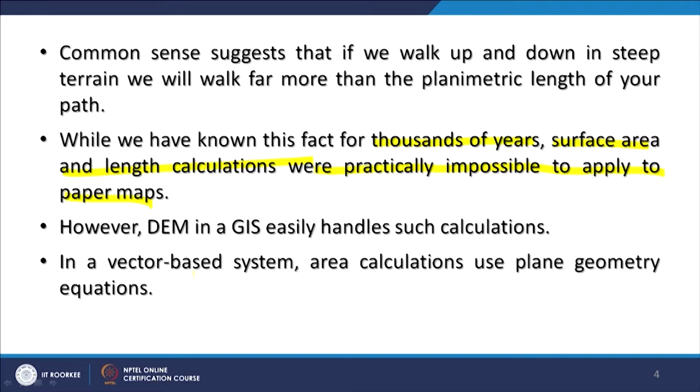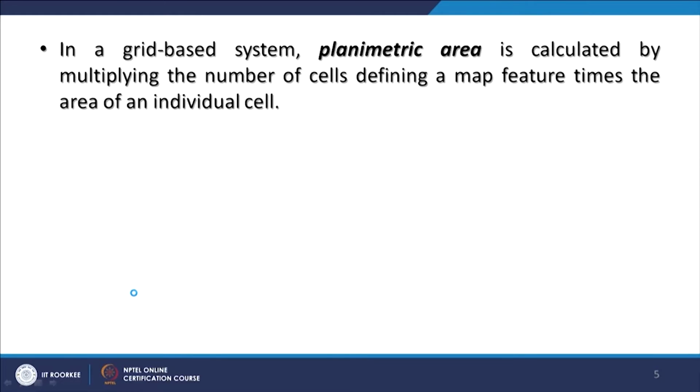In a vector based GIS, area calculations are plane geometry equations, whereas in a raster or grid based system, planimetric area is calculated by multiplying the number of cells defining a map feature times the area of an individual cell. So, planimetric area calculation is very simple because we know the area of one cell, say 30 meter by 30 meter, that means 900 square meter, and if we have 10,000 such cells in our data, we multiply by 10,000 to get the total.